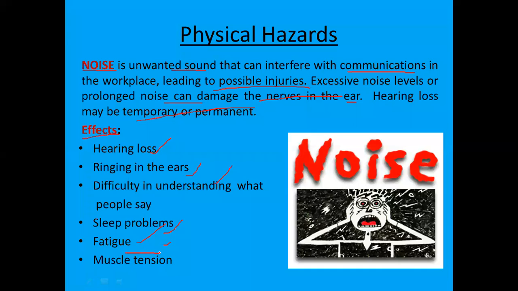Muscle tension means muscle spasms. Whenever you are working at a new place or repetitively working for medium to long hours, automatically your muscles will get spasms, right? The muscle tension will appear. These are the physical hazards when you are working at any workplace as an employee.